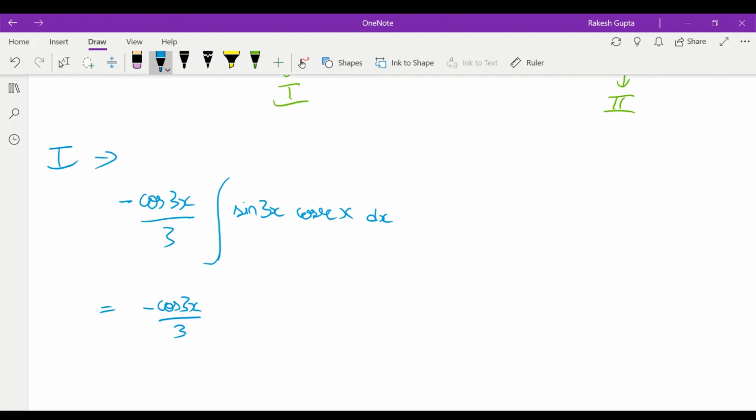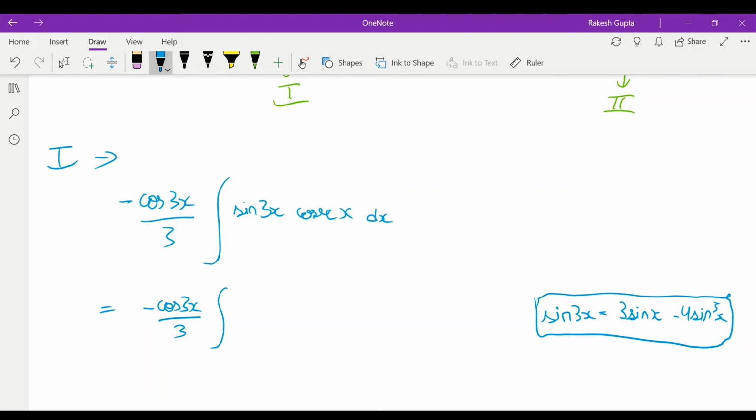So we can write sin 3x. There is a formula which goes like sin 3x is equal to 3 sin x minus 4 sin cube x. This is a trigonometric identity, so I'm just going to write it that way.